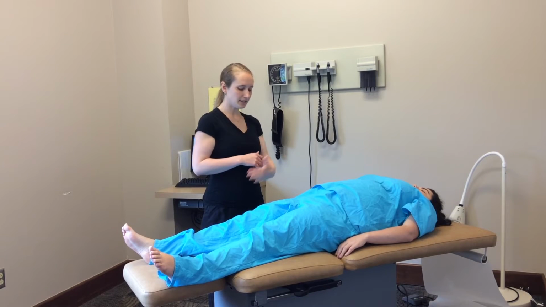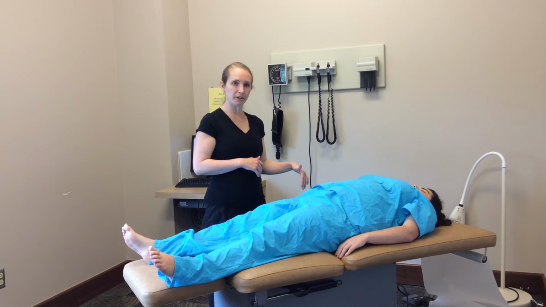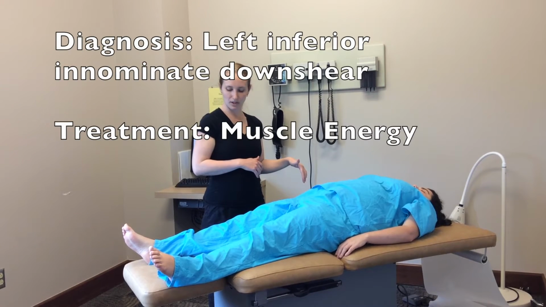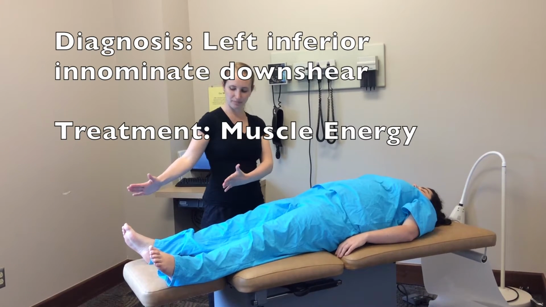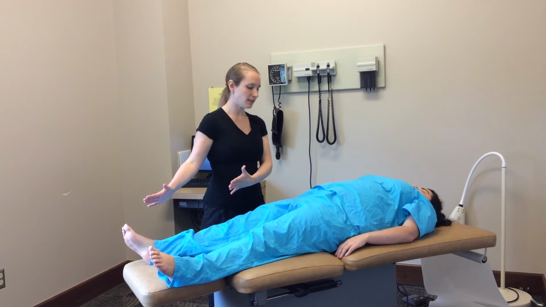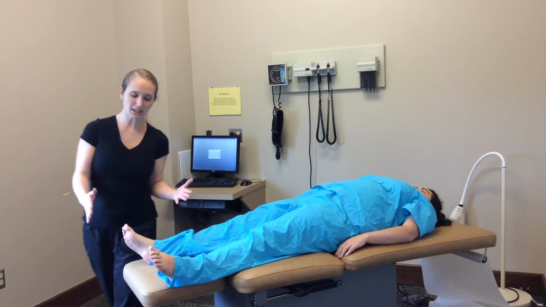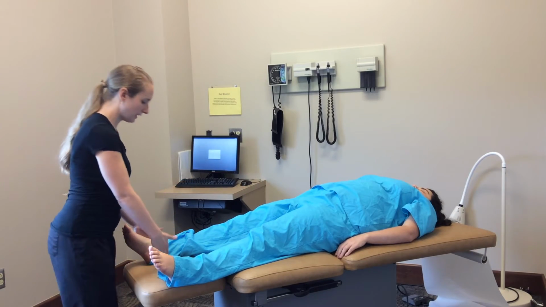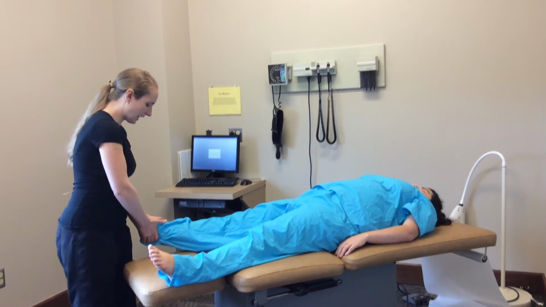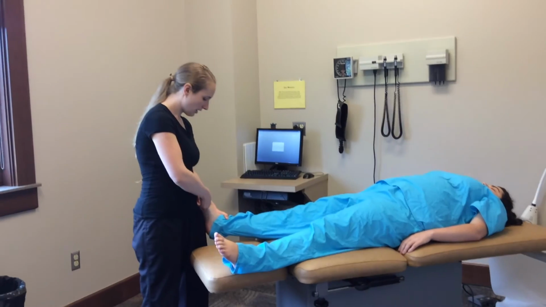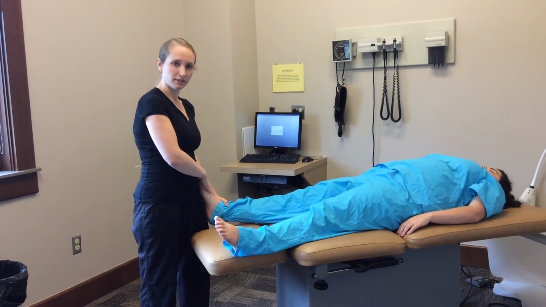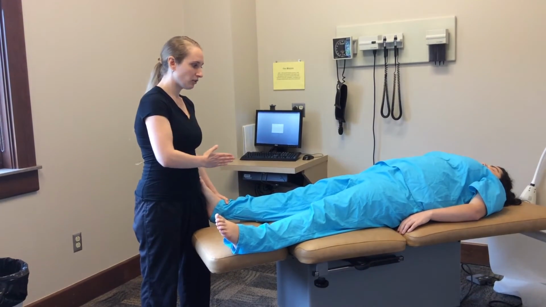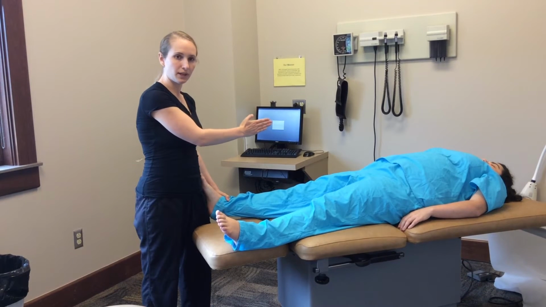If they had an inferior innominate shear, what we're going to do is come down to the end of the table, and you can place that leg on your hip, and you can push it into its barrier.